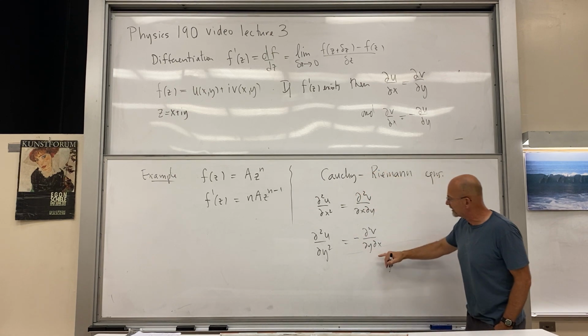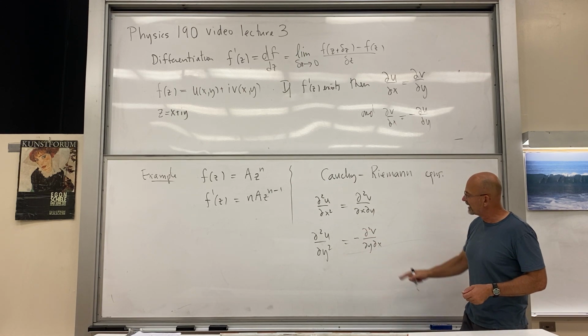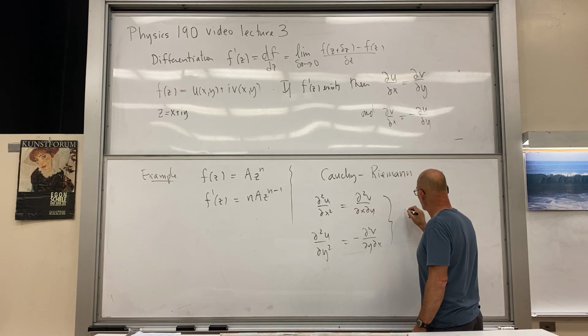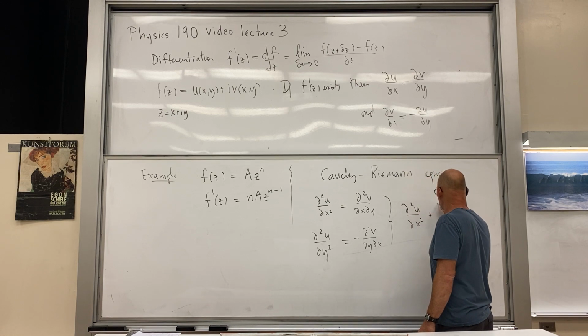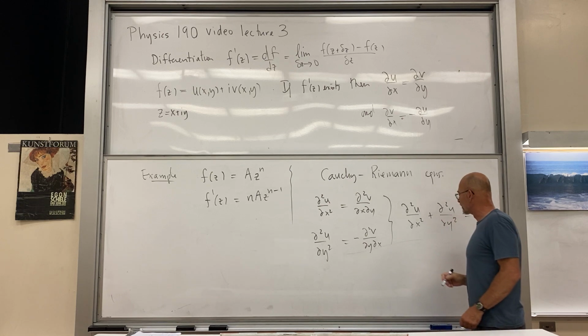Well, if the mixed derivatives are the same here, and we always assume well-behaved functions, then if you add these two, you get 0. So d squared u dx squared plus d squared u dy squared equals 0.